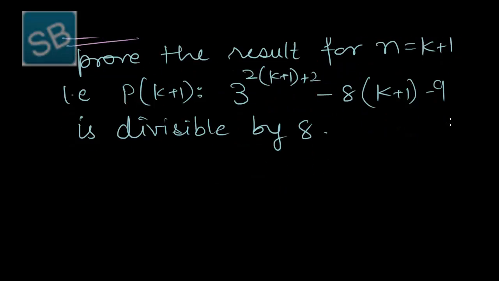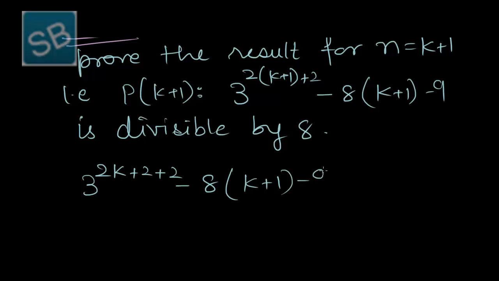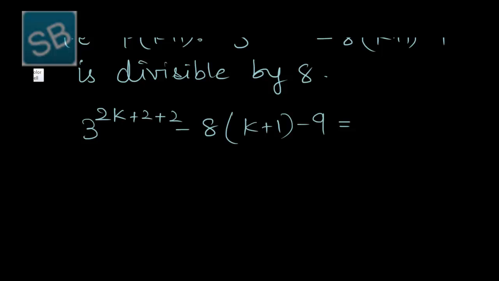So we take that element, that is, we will solve this statement, that is 3 raised to power 2k plus 2 plus 2 minus 8 times k plus 1 minus 9, which is equal to 3 raised to power 2k plus 4 minus 8k minus 8 minus 9.